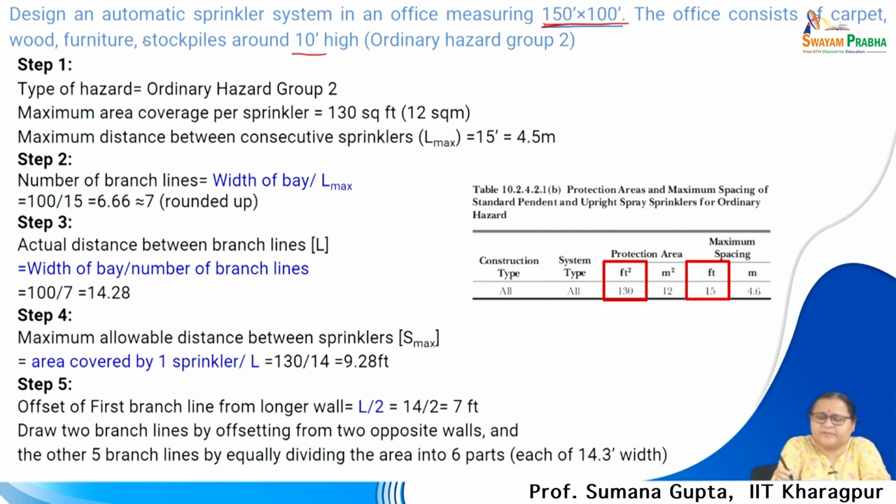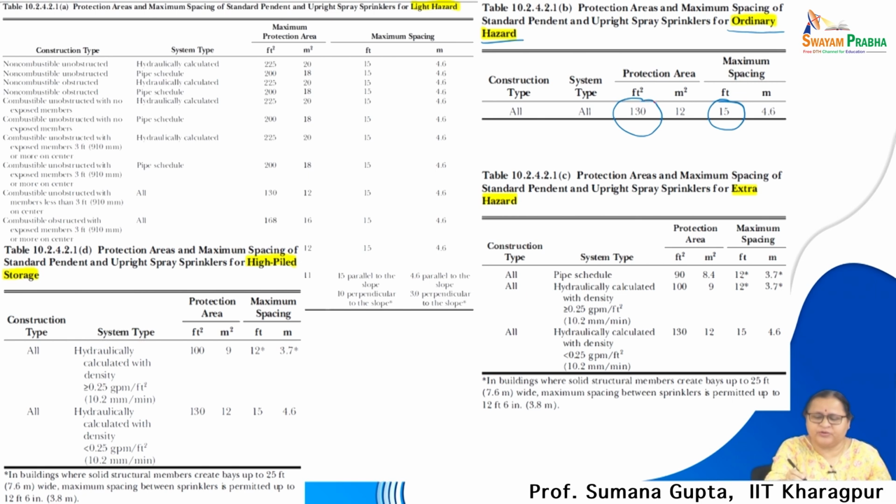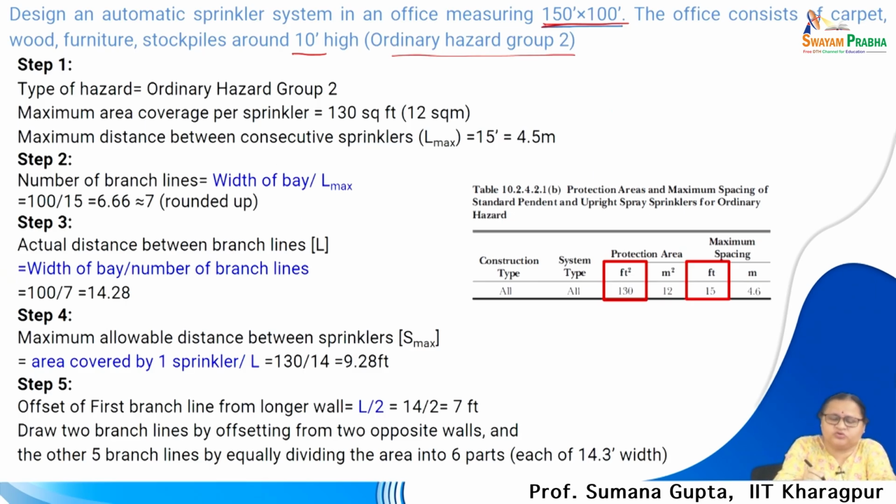These indicate that it is an ordinary hazard group 2 kind of building, which, as I showed you in the previous slide, has a protection area of 130 feet square and a maximum spacing of 15. Those data are taken from the chart.